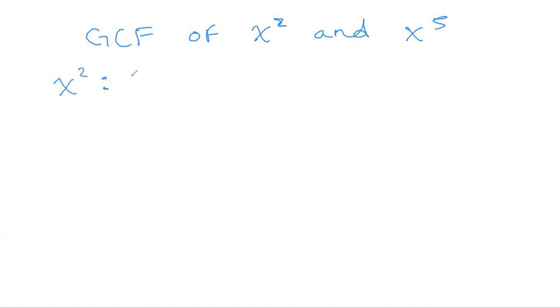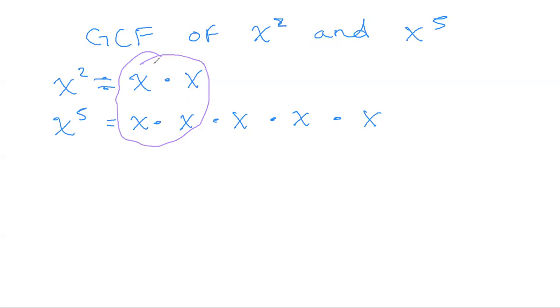But for x squared, we can break it apart and notice that's x times x. Likewise, x to the 5th is x times x times x times x times x. So this is a matter of how many x's they both share. In this case, they only share 2, so the GCF between these two is x squared.